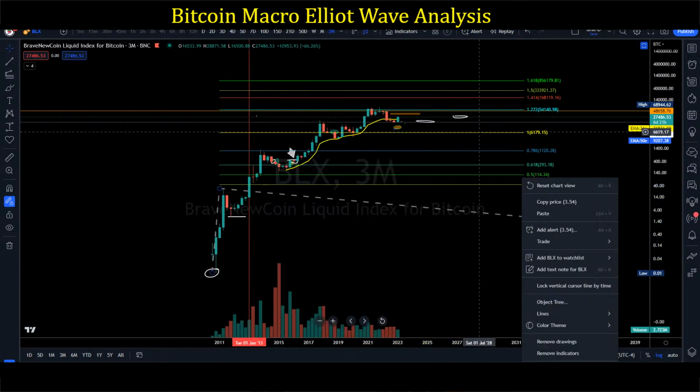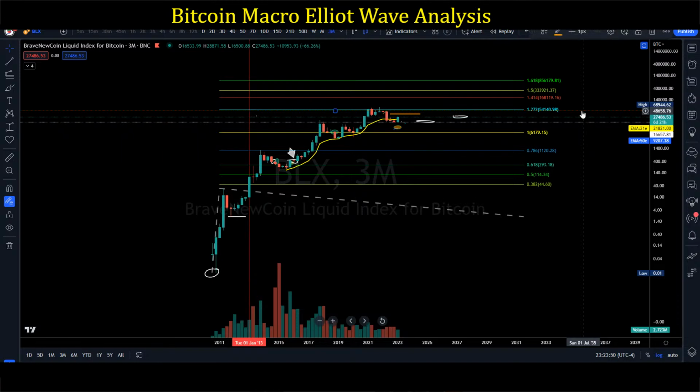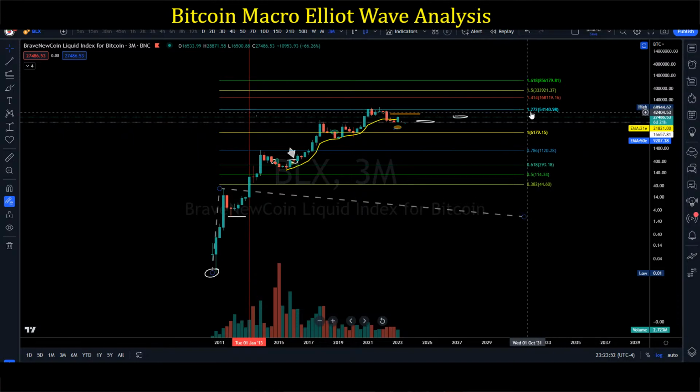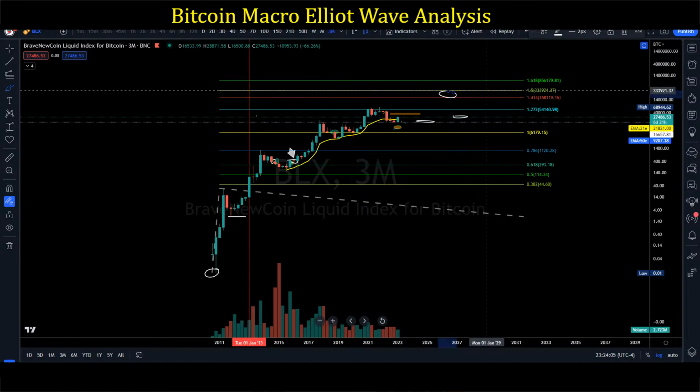The one we picked at was the 1.27, somewhere around 50 to 60k, and the next one is the 1.41 extension, somewhere around 160 to 180. If we get some noise, we could even pump all the way up to 300k, which is the 1.5 extension.